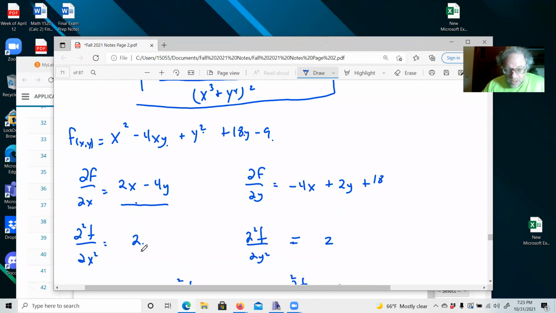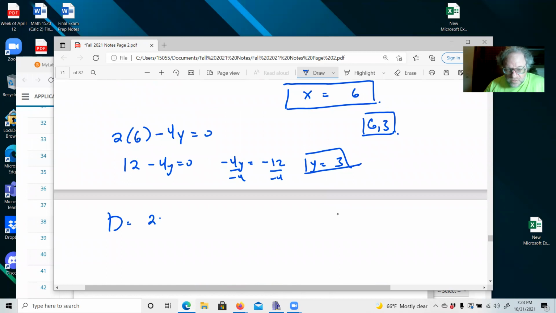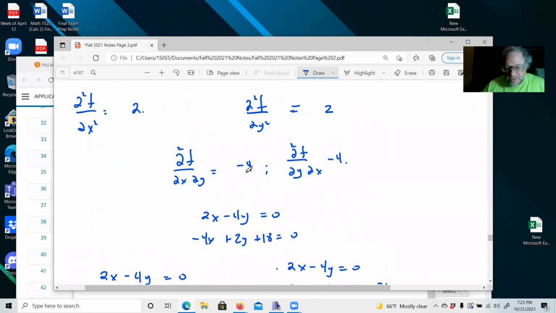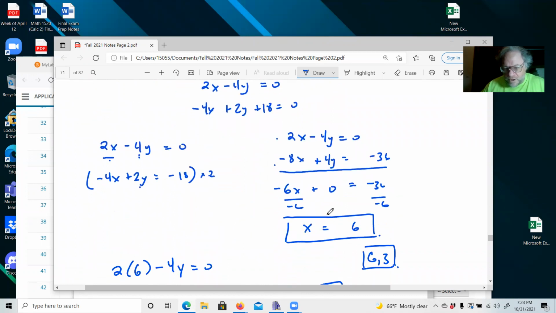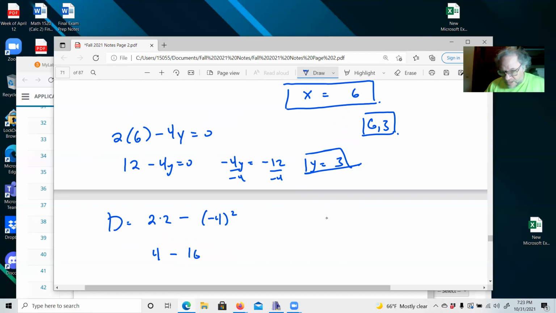So it's f_xx times f_yy, so it's 2 times 2, minus, because that's our formula there, f_xy times f_yx, so it's -4 squared. So here we have 4 minus 16, which is -12.